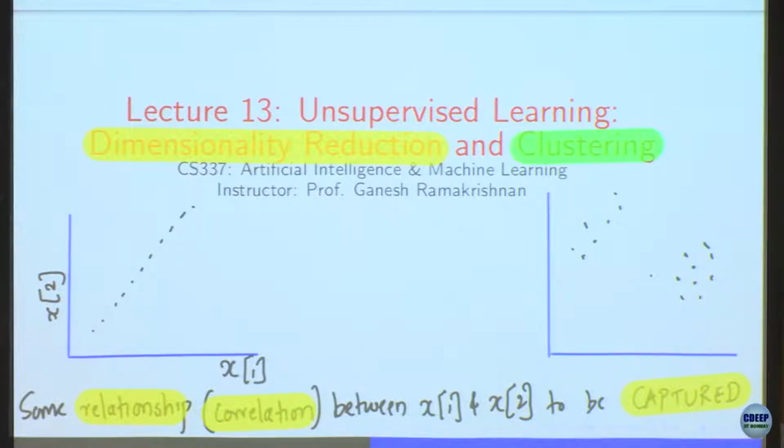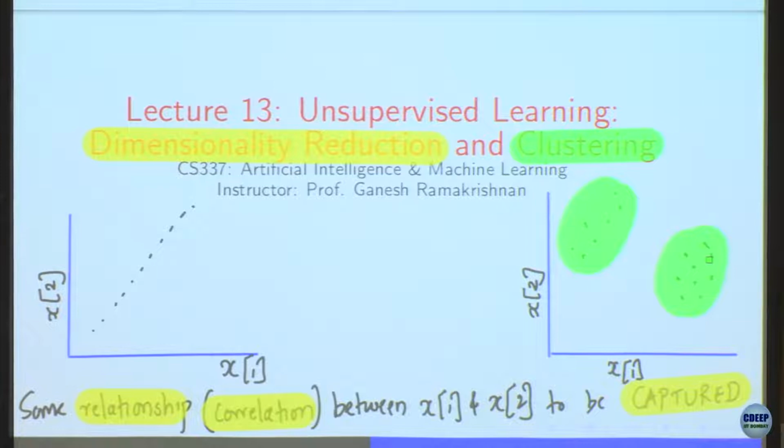These points are grouped together without any affiliation with y. It's purely the first component x1 and the second component x2. What you notice here is that there are two groups. So clustering is about discovering these groups. And both of these are about unsupervised learning.